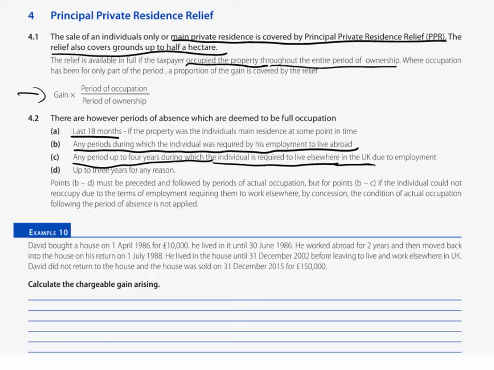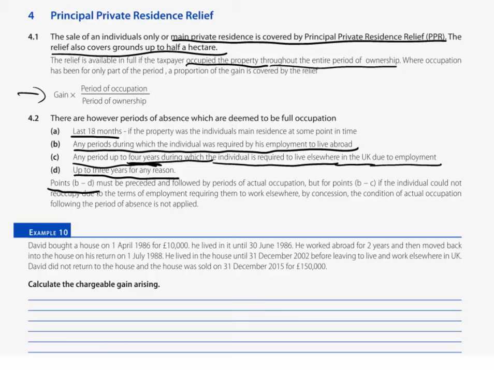Right. Now, we've got various points. There's just a couple of little provisions we need to look at. In terms of points B to D, so other than the last 18 months, so working overseas, working elsewhere in the UK, 3 years for any reason, point D must be preceded and followed by periods of actual occupation.